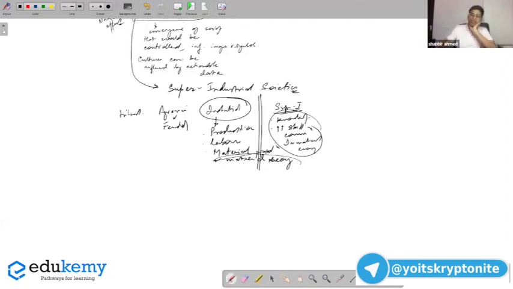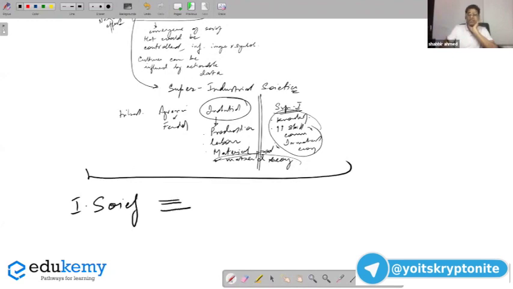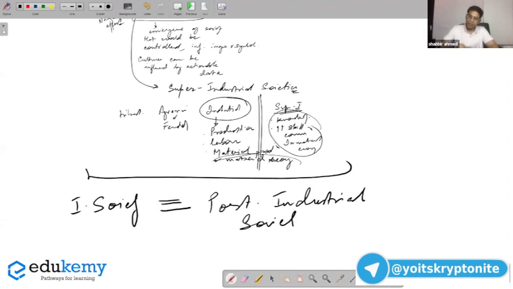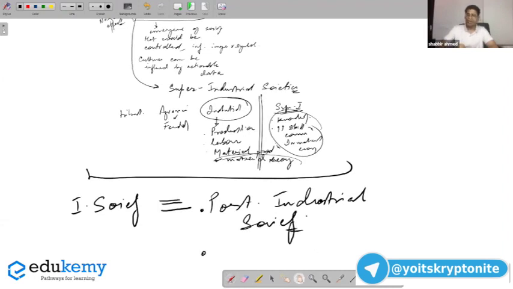Now, this information society is also considered synonymous with post-industrial societies. If you know something, otherwise don't bother.